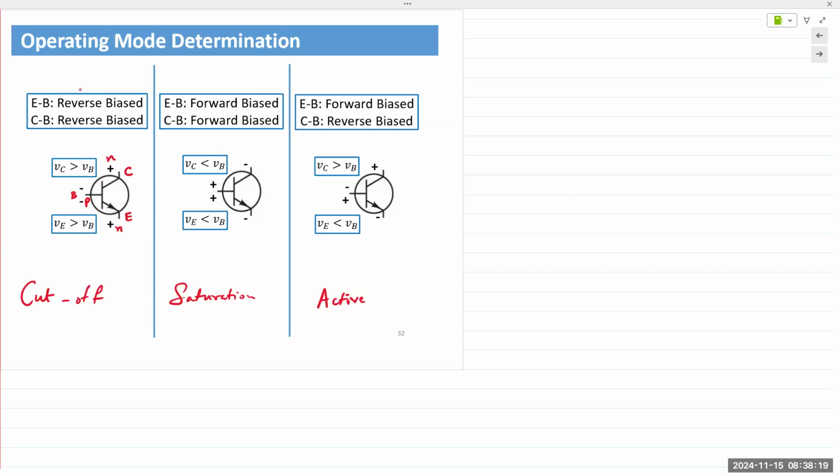Here, N, P, N. Both junctions are now forward bias. Collector, base, emitter. And so the base voltage must be higher than both the collector and the emitter. And then, of course, in the last one, collector, base, emitter. So we'll keep this in mind as we go along solving example problems.